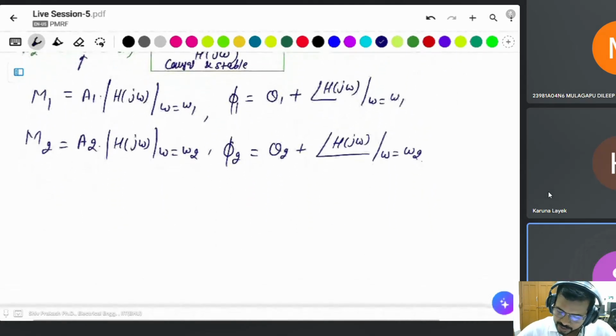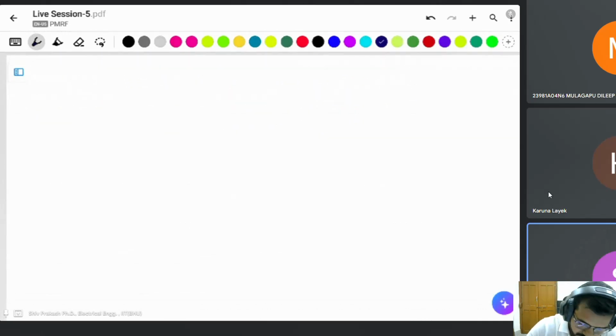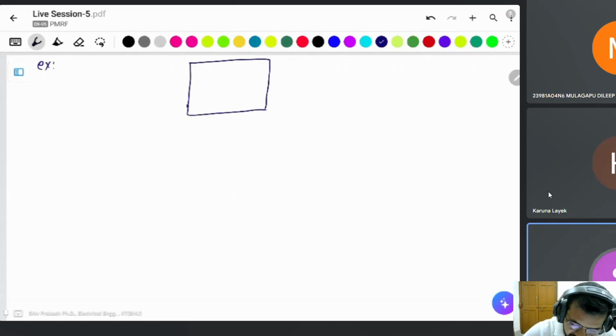Okay, let us take one example, then you can understand better. Suppose you have a system with a transfer function like (s minus 2) over (s square plus 4s plus 4), and we give some input.